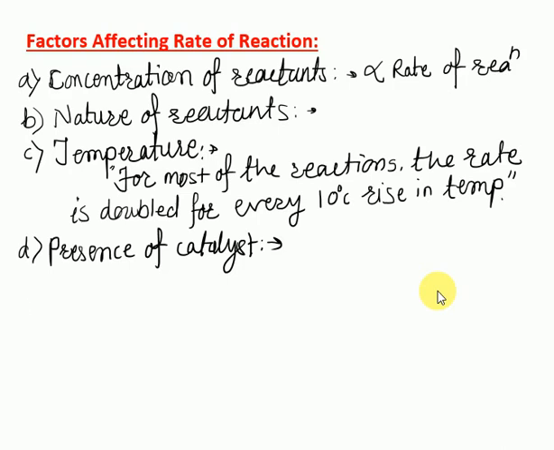The same can be seen in the graph like this. If we plot the graph of the activation energy, this is the activation energy in presence of catalyst, and this is the activation energy in absence of catalyst.